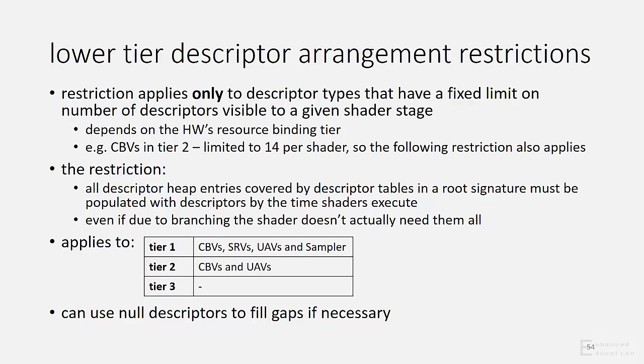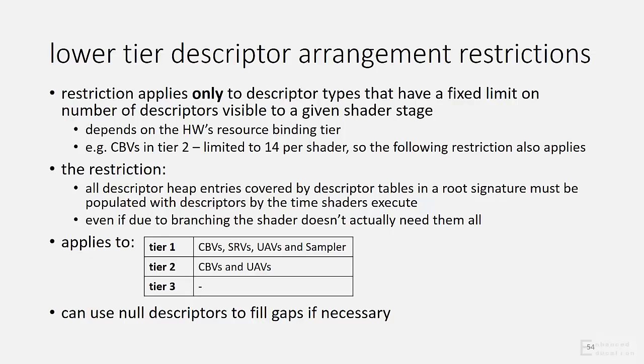There's a slightly annoying restriction that you have to worry about with certain descriptor types on resource binding tiers 1 and 2 hardware. The descriptor types that this limitation applies to are already limited in another way, in that the total number of times the descriptor can show up in descriptor tables in a given shader stage is limited to a fixed number.